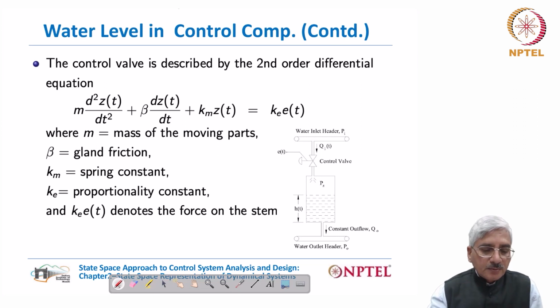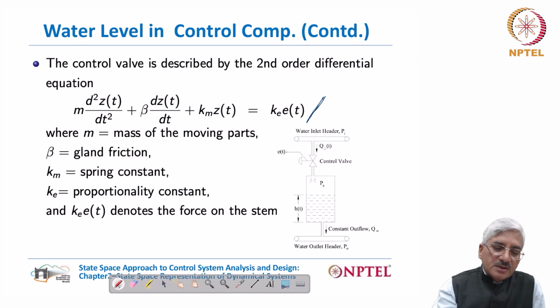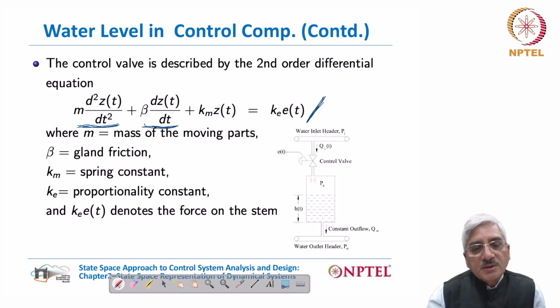So the equation that describes the control valve is a second order equation which is given here. M d2z by dt square, this is mass into acceleration, plus beta dz by dt, this is the viscous force due to the gland of the control valve.